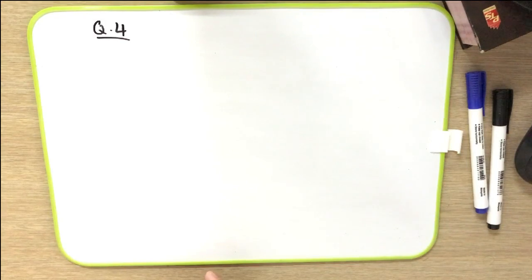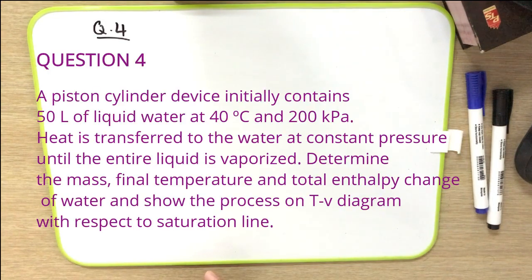Next, question number 4. A piston cylinder device initially contains 50 liters of liquid water at 40 degrees C and 200 kilopascal. Heat is transferred to the water at constant pressure until the entire liquid is vaporized. Determine the mass, final temperature, and total enthalpy change of water and show the process on a T-V diagram with respect to the saturation line.